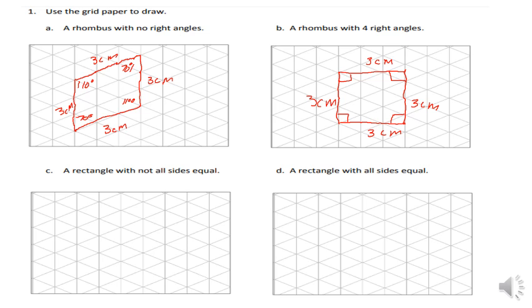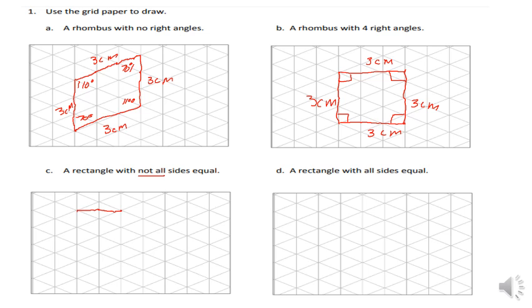C, a rectangle that has not all sides equal. It says not all, so that means some can be. One thing we know about a rectangle is it's got to have 4 right angles. So we're going to start here and go 1, 2.